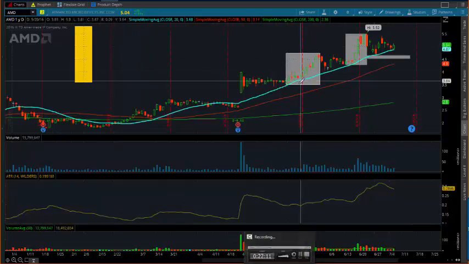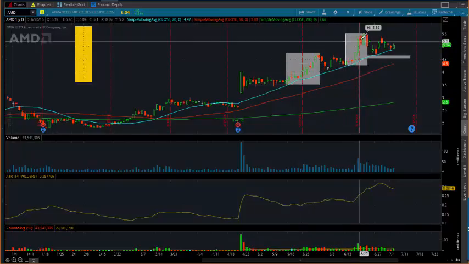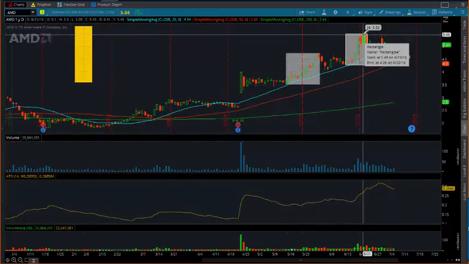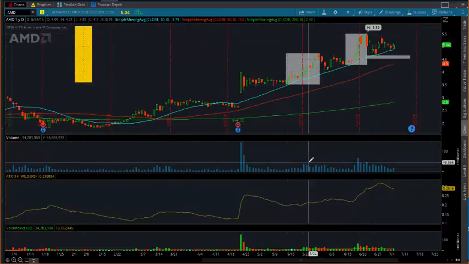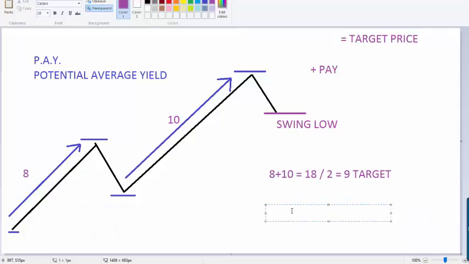Let's call it $1.20. 120 plus 120 equals 240, divided by 2. Now this one is easy, and that equals 1.20.